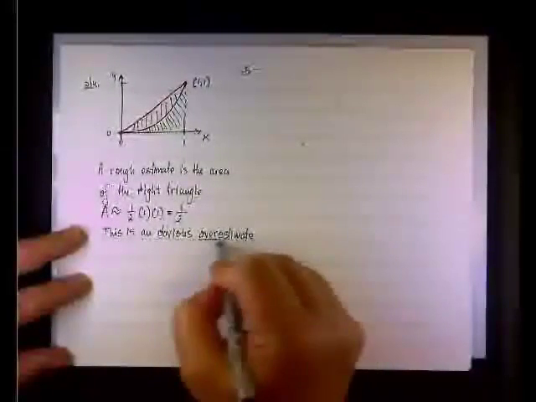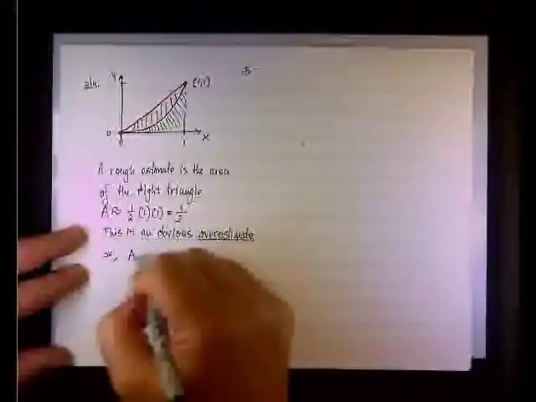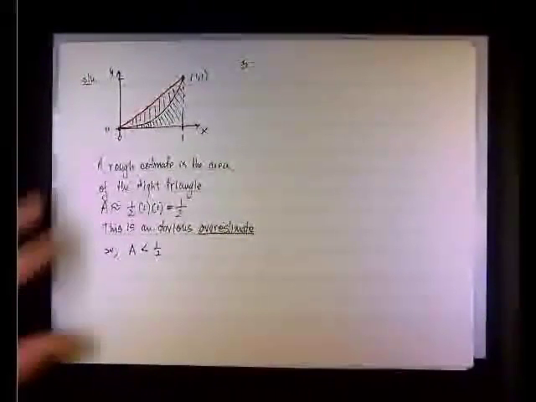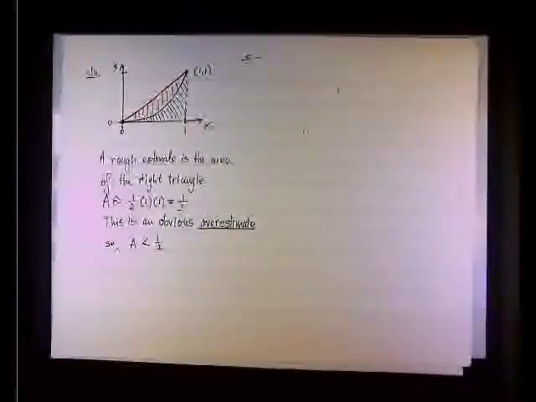So at this point we can conclude that A has to be less than 1/2. That's the best information we get from here. So we need to think about better ways to estimate the area.